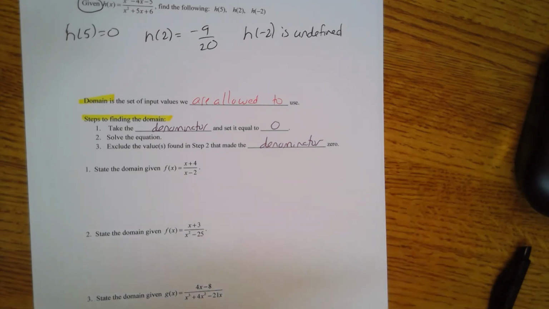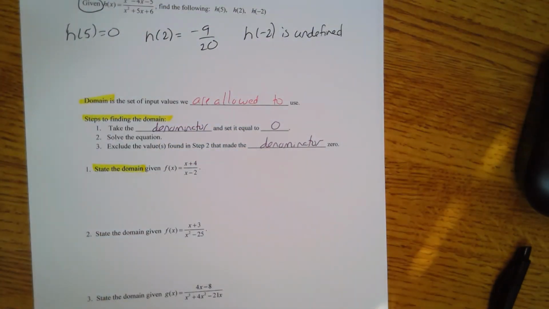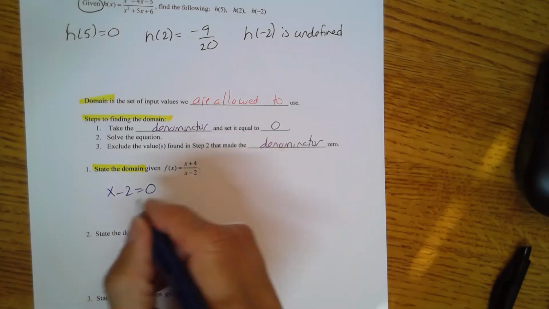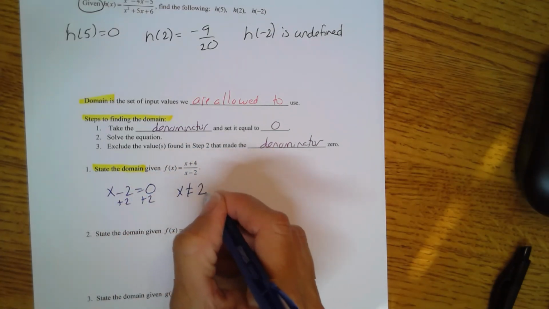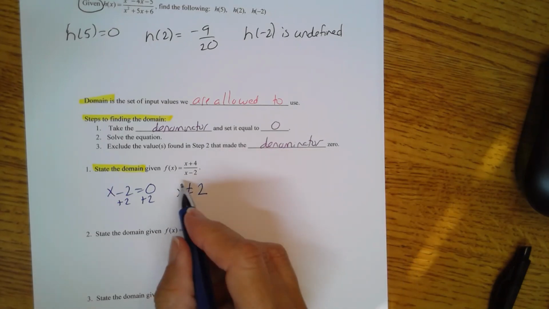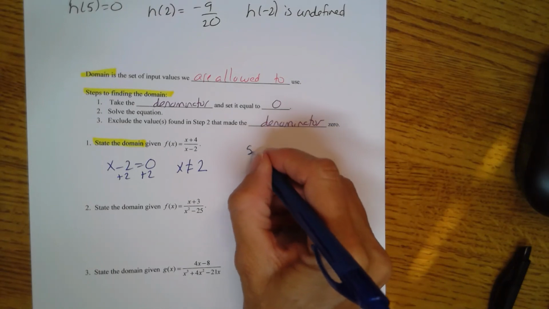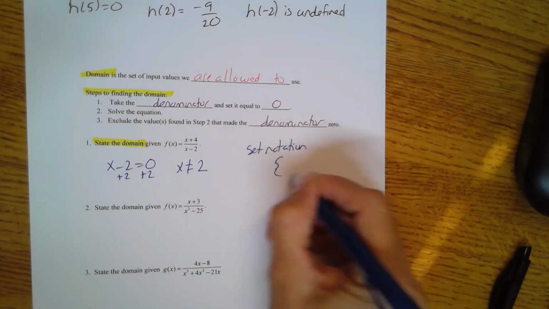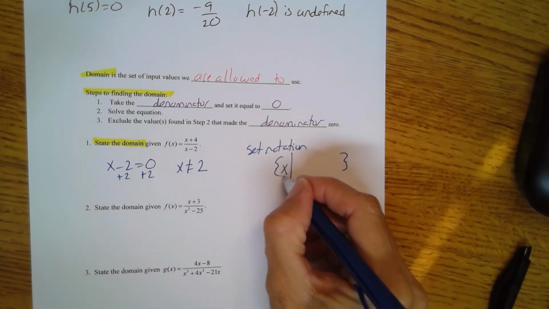So remember, write this on the front of the note card. What are you supposed to do to find the domain? Well, you take your denominator, you set it equal to 0, add over the 2, so the only value you can't use is 2, because that would make the denominator 0. So with set notation, if you haven't seen set notation, it's these little squigglies, and you're going to say the set of all x's, that just means every single number.